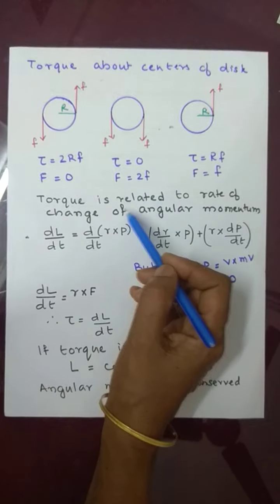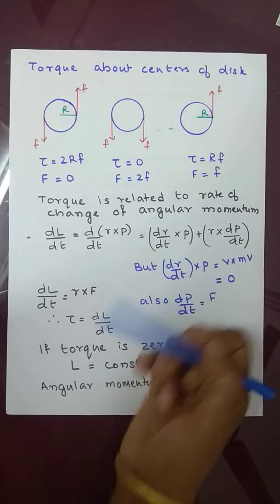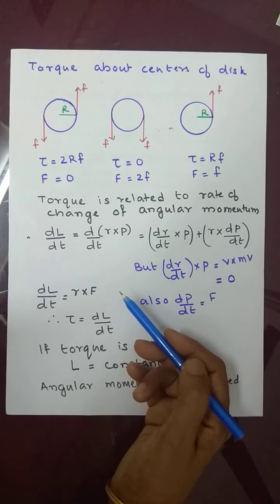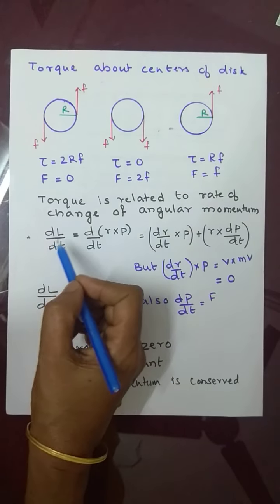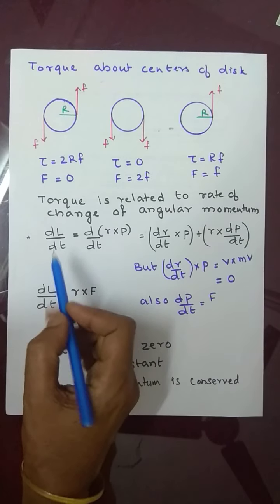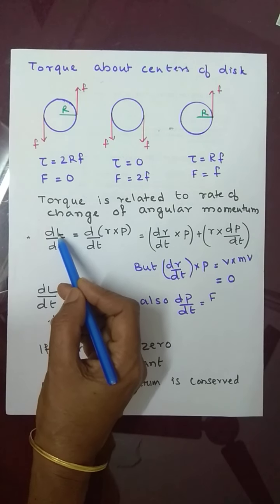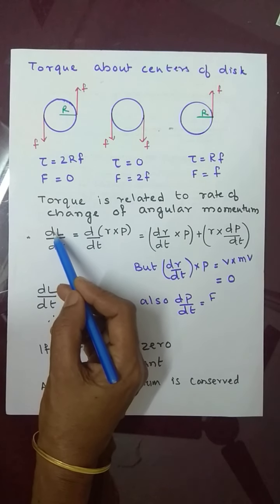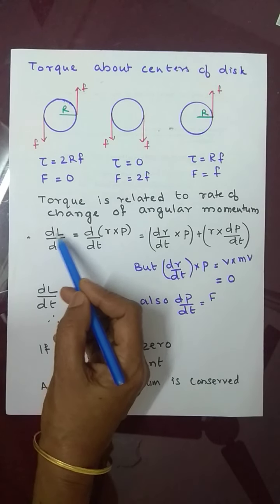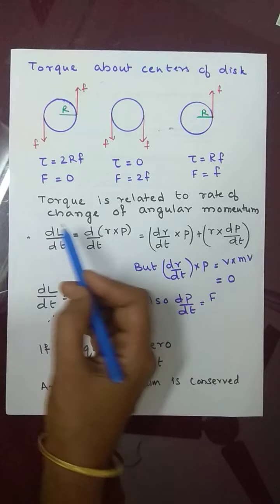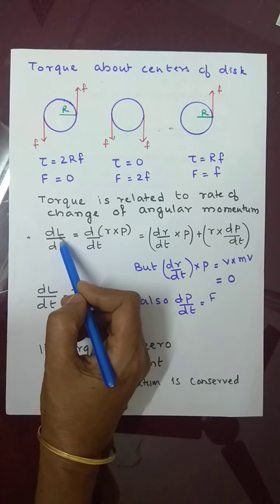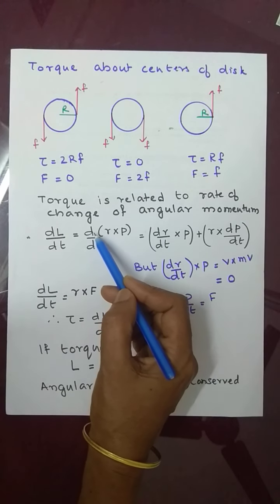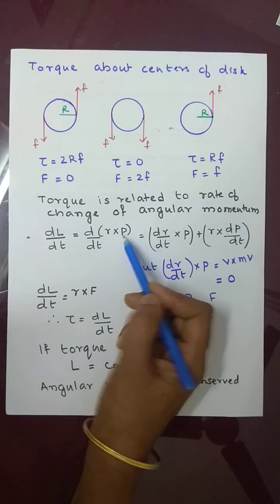Torque is also related to the rate of change of angular momentum. Let us see how it is related. Angular momentum is L. Rate of change of angular momentum is d by dt of L or dL by dt. I'm going to substitute for angular momentum L as r cross p. So it will be d by dt of r cross p.